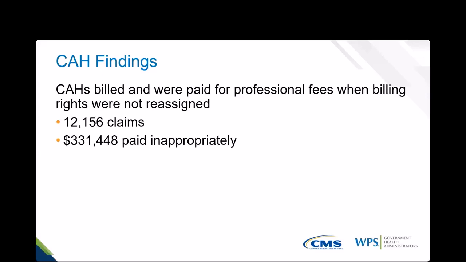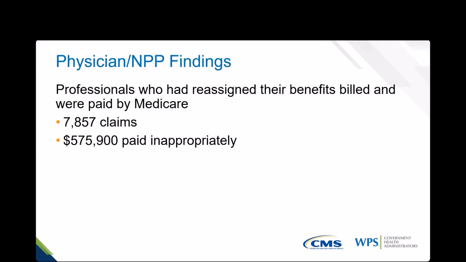Now, on the flip side, the remaining 7,857 claims were from professionals who had reassigned their billing rights to the CAH, but still billed the charges separately to Medicare and were reimbursed a total of $575,900. So that's the amount that was paid inappropriately to the practitioners or the professionals in those same audits, during that same audit time.